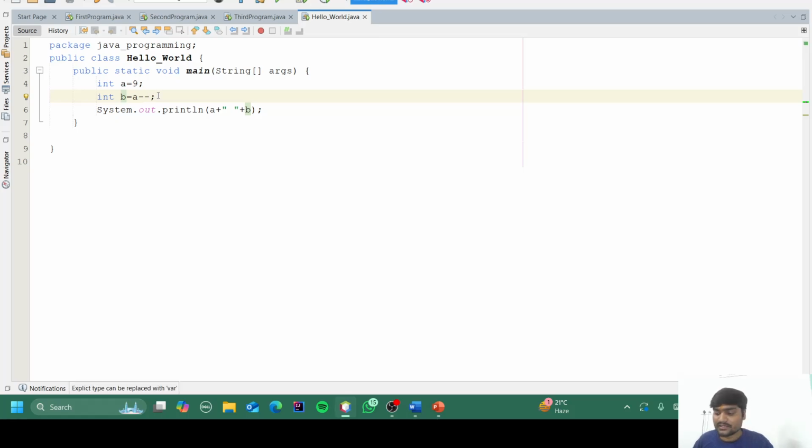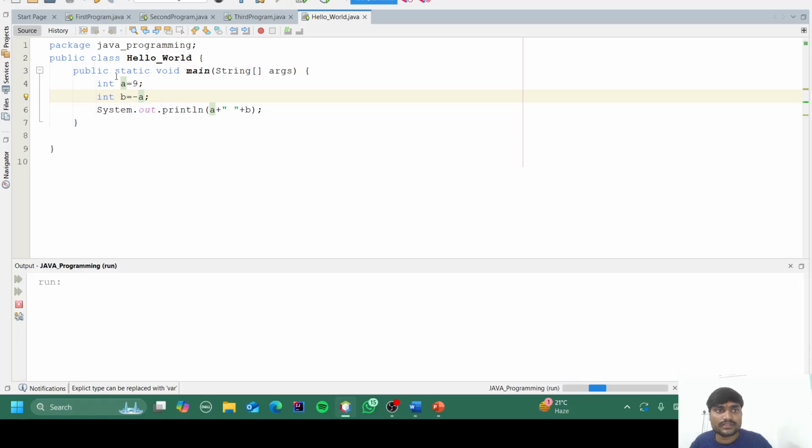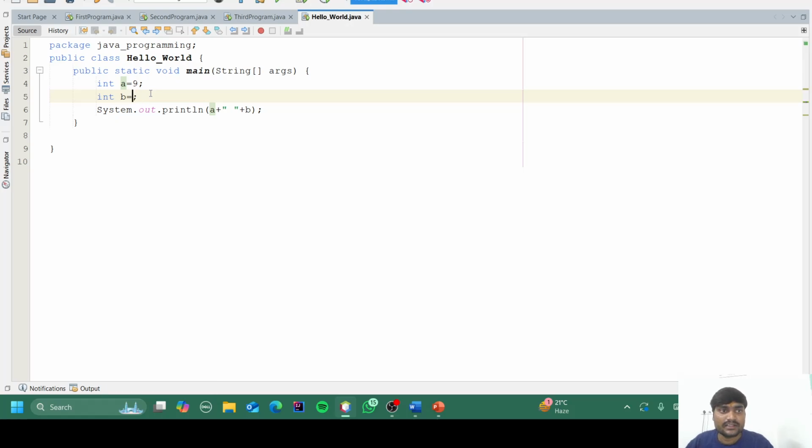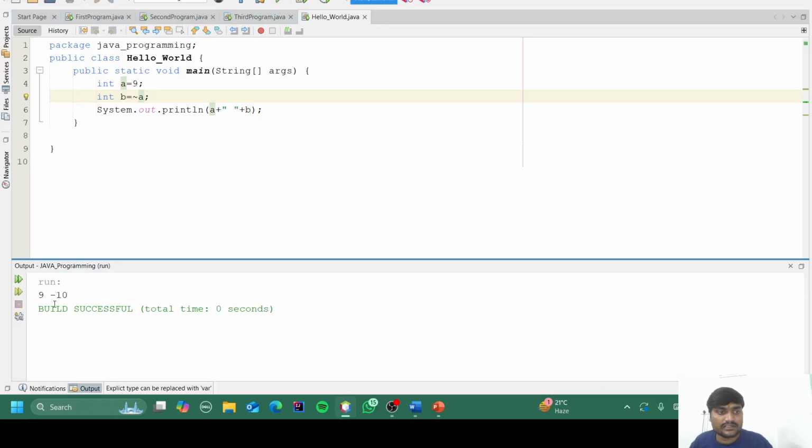Same goes for minus a, I have written b is equal to minus a. This operation is performed on only one operand, so that's why it is called a unary operator. Plus and minus a, you can say, is negation of a. So these are nothing but unary operators.